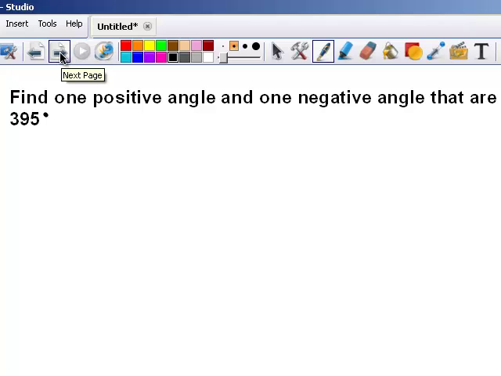All right, now the next type of example is find one positive angle and one negative angle that are coterminal with 395. Now, the first question that I would say is, what is coterminal? So write this down.